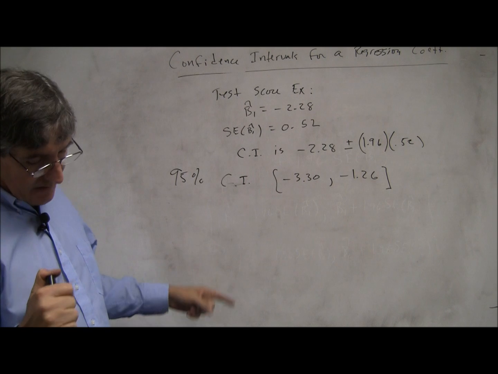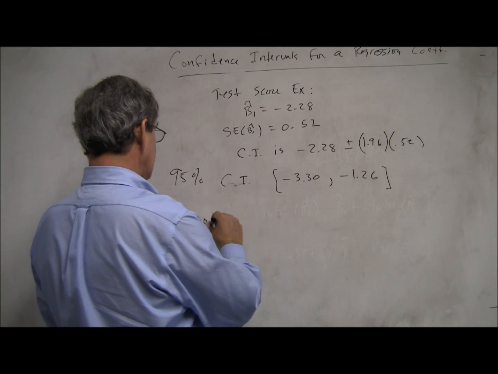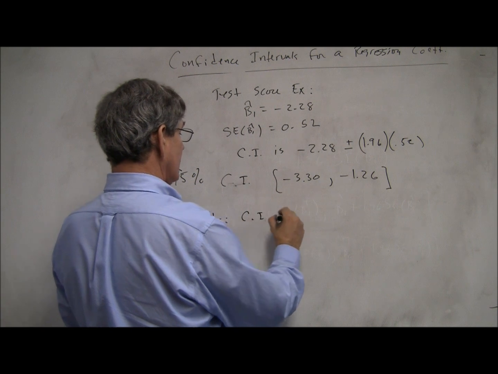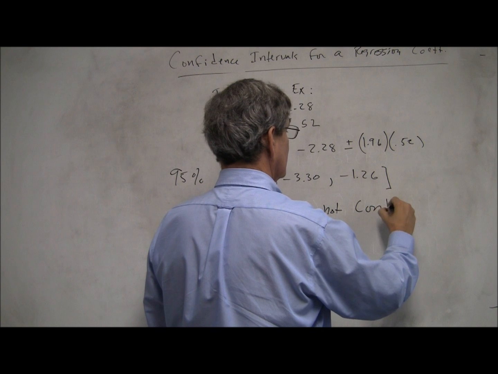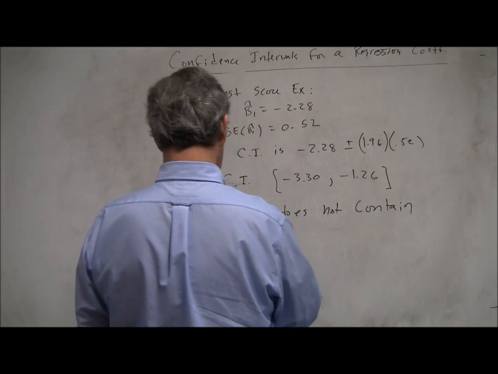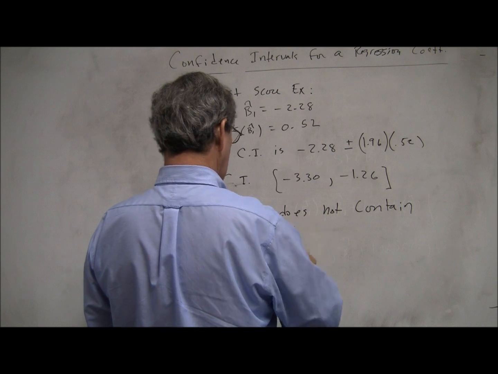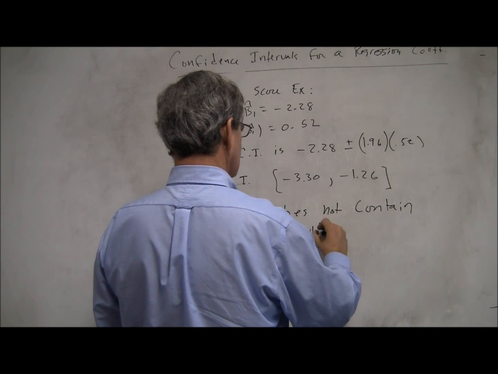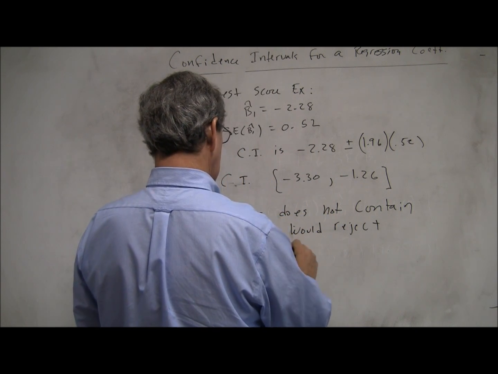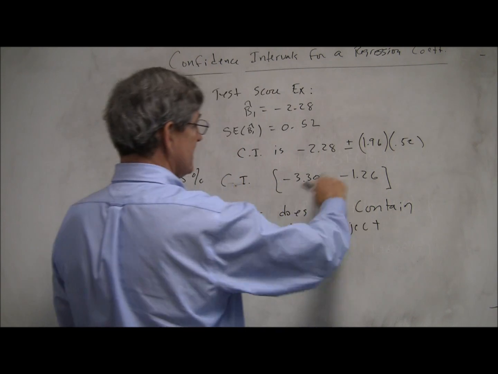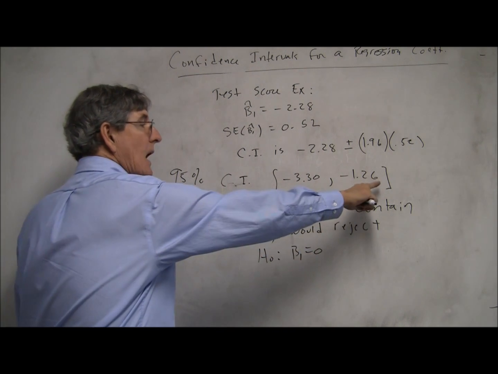Now, you can also do the hypothesis testing this way. Note that the confidence interval does not contain 0. So we would reject the null that beta 1 is equal to 0 because it's not in the 95% confidence interval. We'd reject that it's minus 1.